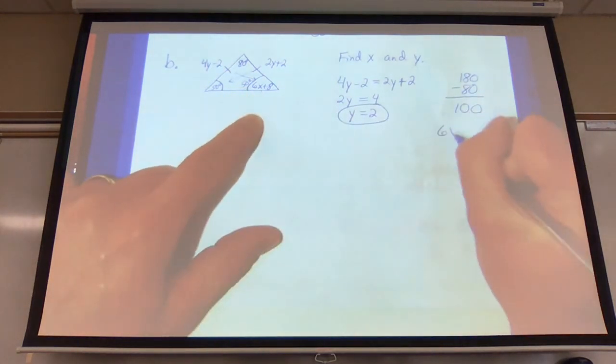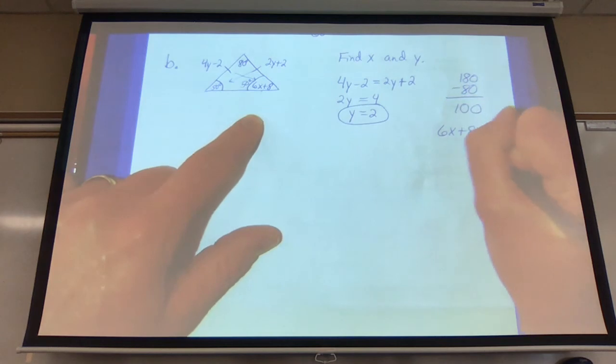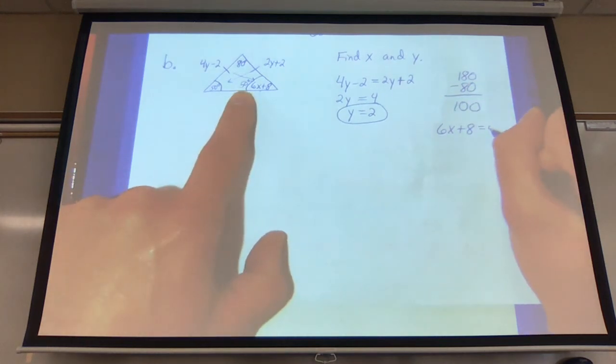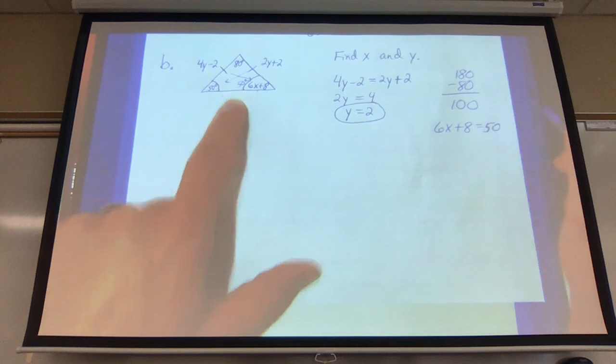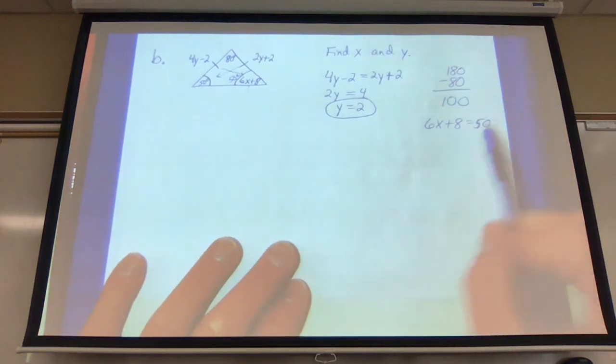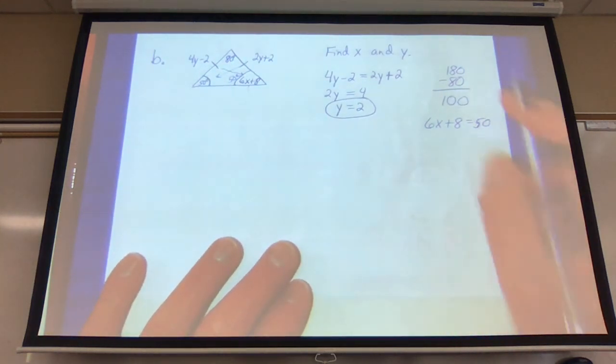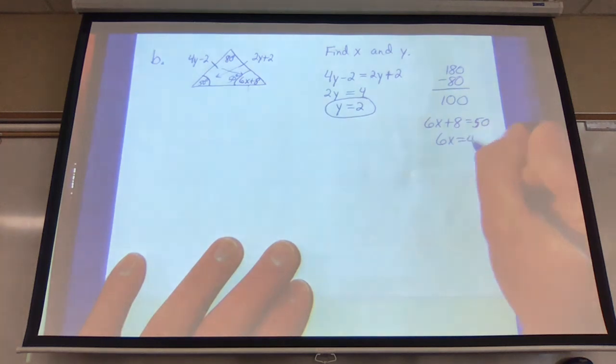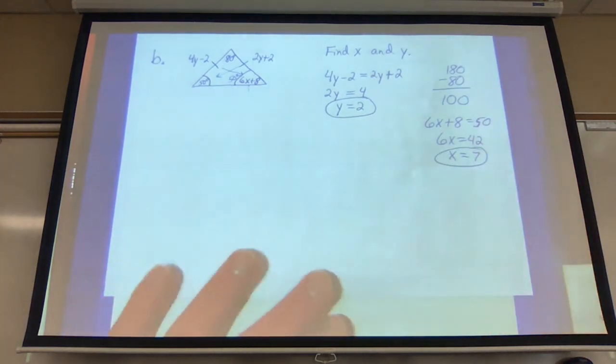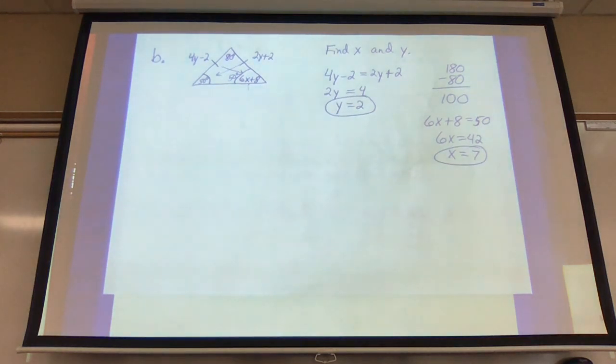To find x, we'll just put those two equal to each other. 6x plus 8 equals 50. And again, do the algebra. If you subtract 8, you get 42. 42 divided by 6 is 7. All right, any questions with that?